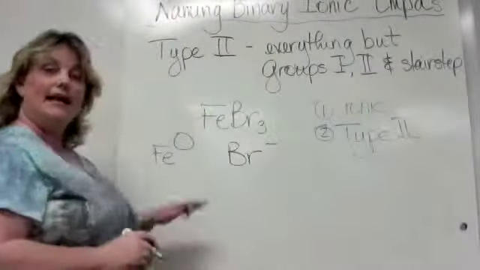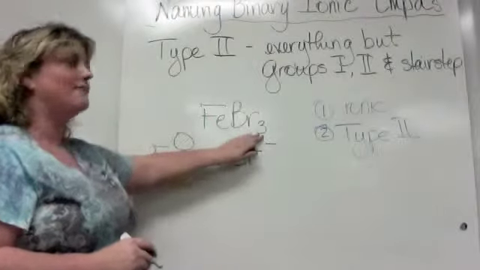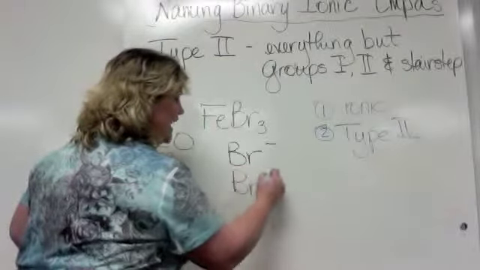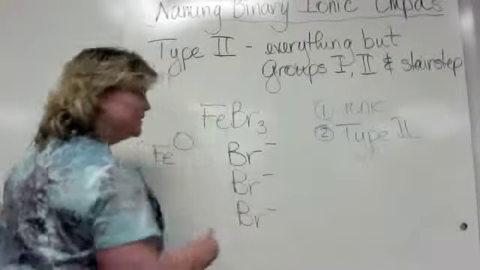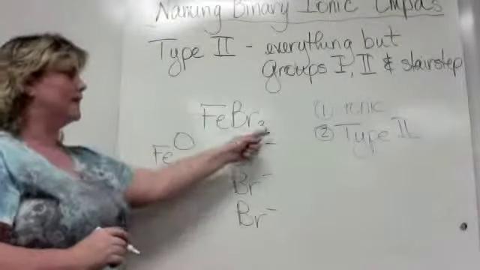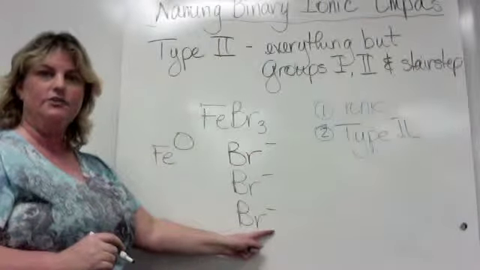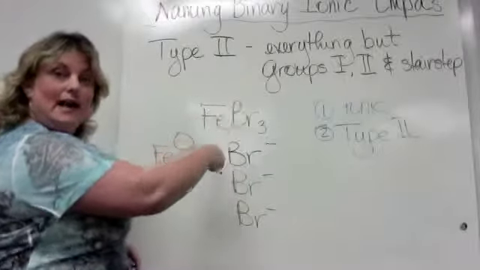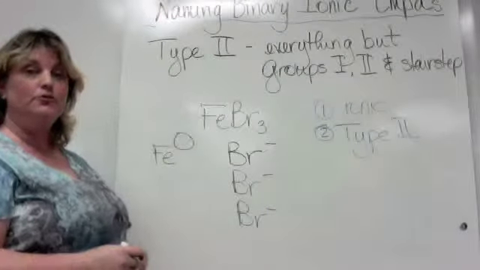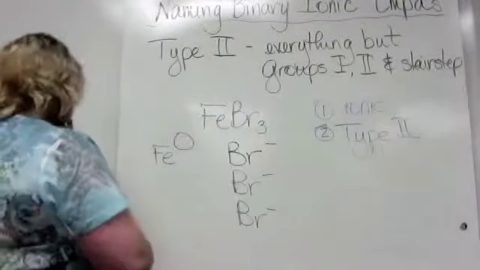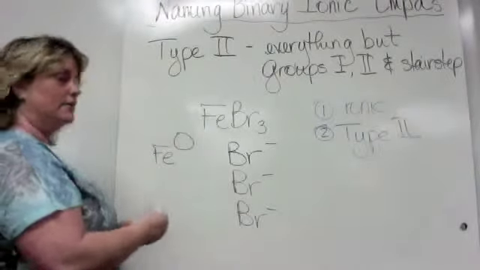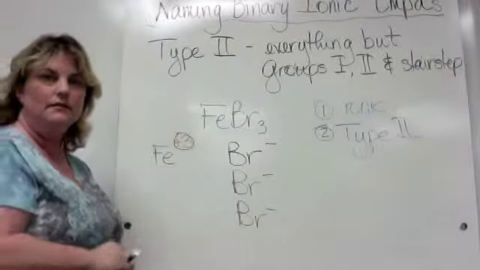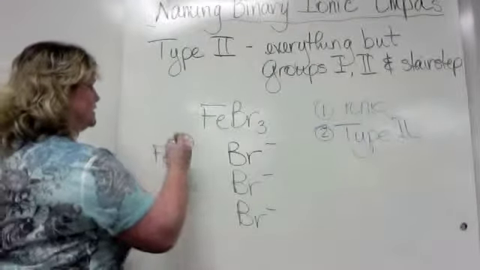So bromide has a -1, but remember I have 3 of them. So I actually have a -3 charge on my anion, and remember that the entire compound has to be neutral. That means that the charge on this iron must be a +3.